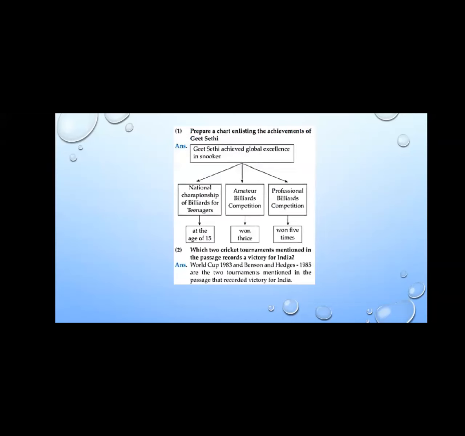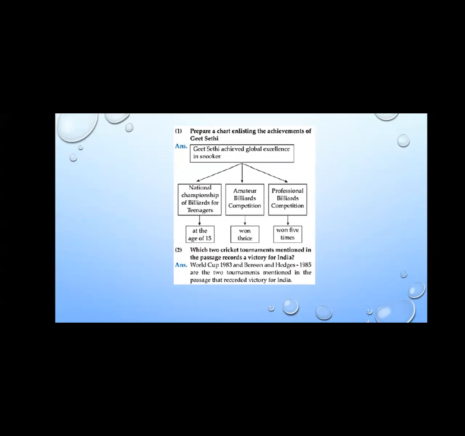Now here, it is again from your textbook, the sports passage is here, and then the questions are given. The first question is you have to prepare a chart, like a concept chart or flow chart, listing the achievements of Geet Sethi. The main theme is Geet Sethi achieved global excellence in snooker in one box, and then you will follow with his achievements.